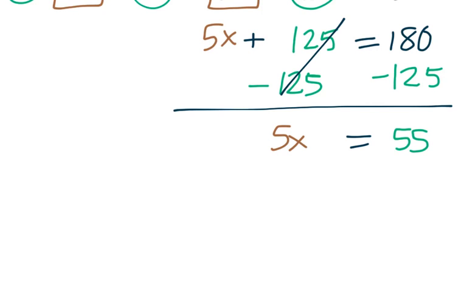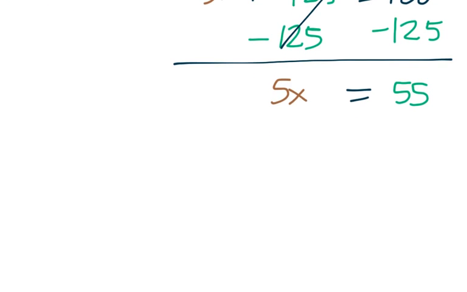I'm looking to find the value of 1 positive x, so I'll divide both sides by the coefficient of the variable. That leaves me with x, which is what I'm looking for, equal to 11.